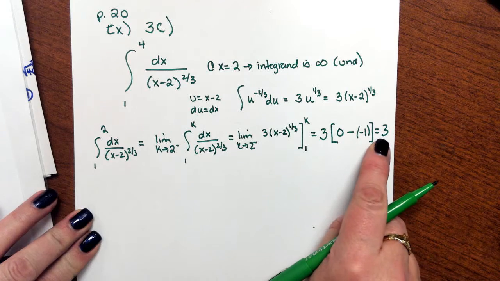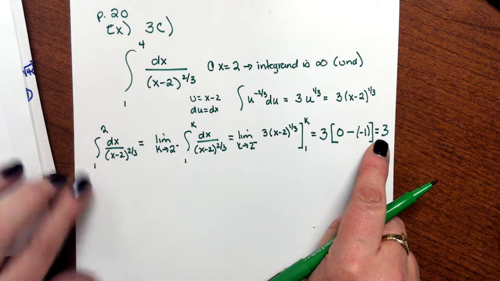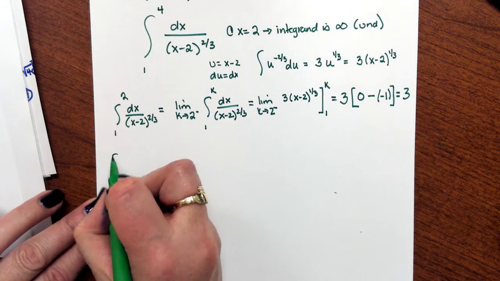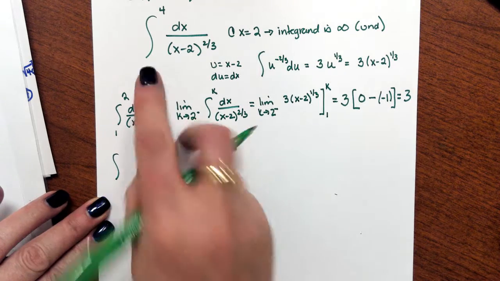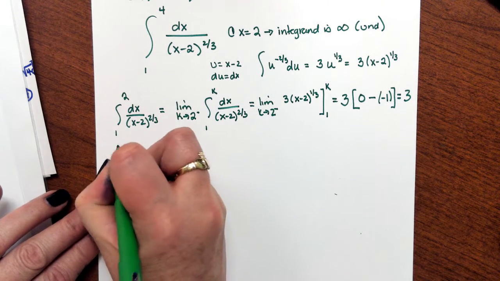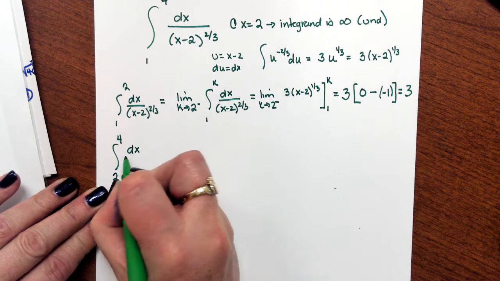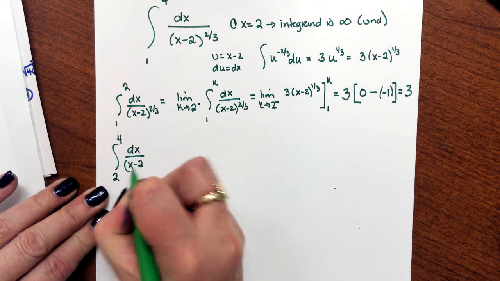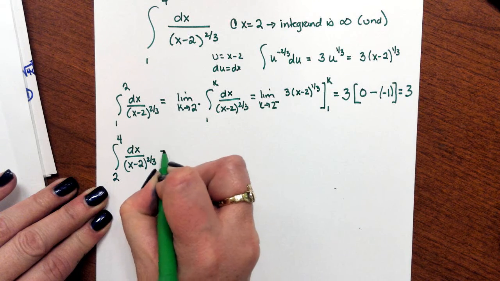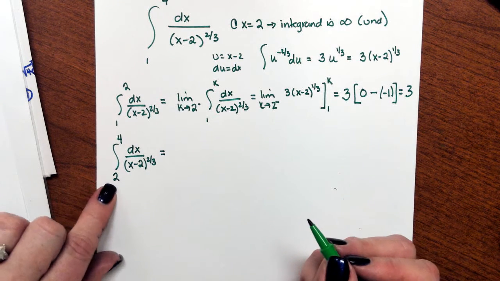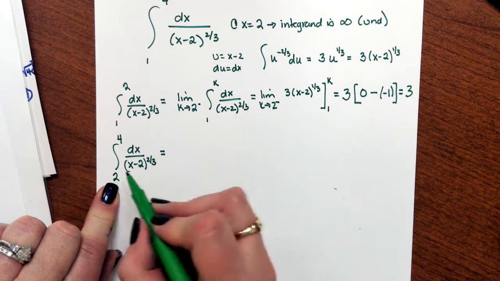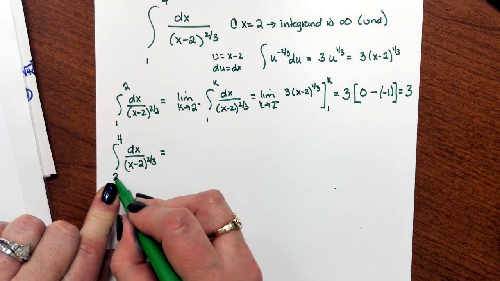Now I'm going to take this and add it, because I'm splitting this at 2. So my lower bound is now 2, and I have to integrate from 2 to 4 of dx over (x minus 2) raised to the 2/3. Since my lower bound is where it's undefined, I want to find the limit as we're coming from the right of 2.